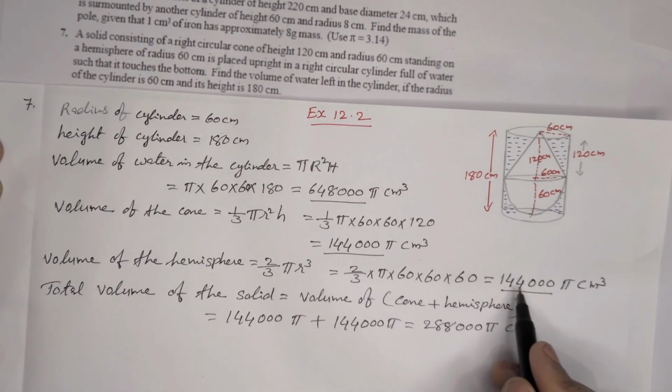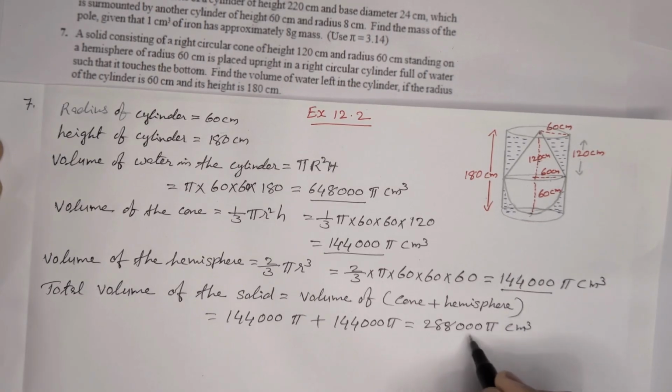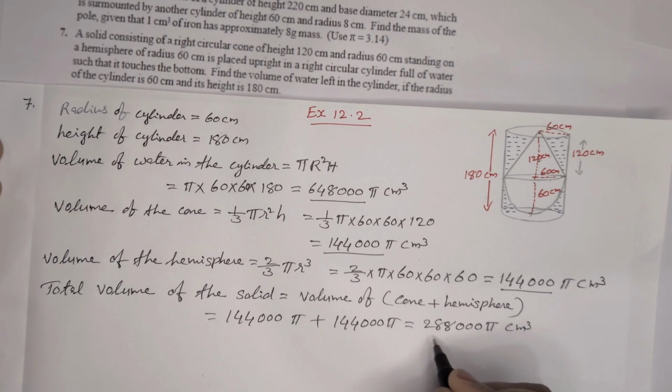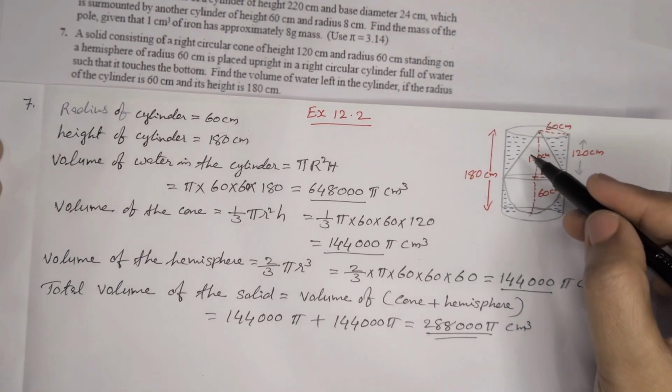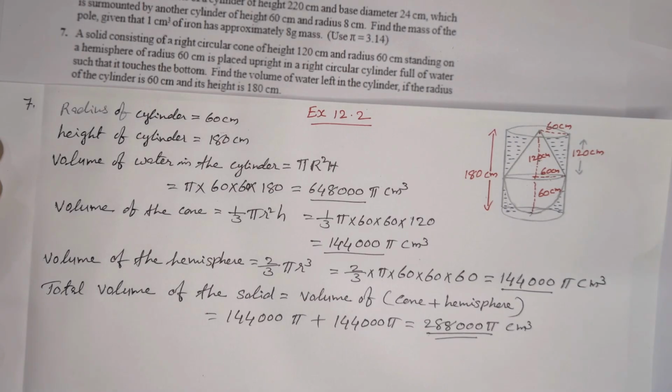When we add these two together, we get 2,88,000 pi centimeter cube. That is the volume of both hemisphere and cone.